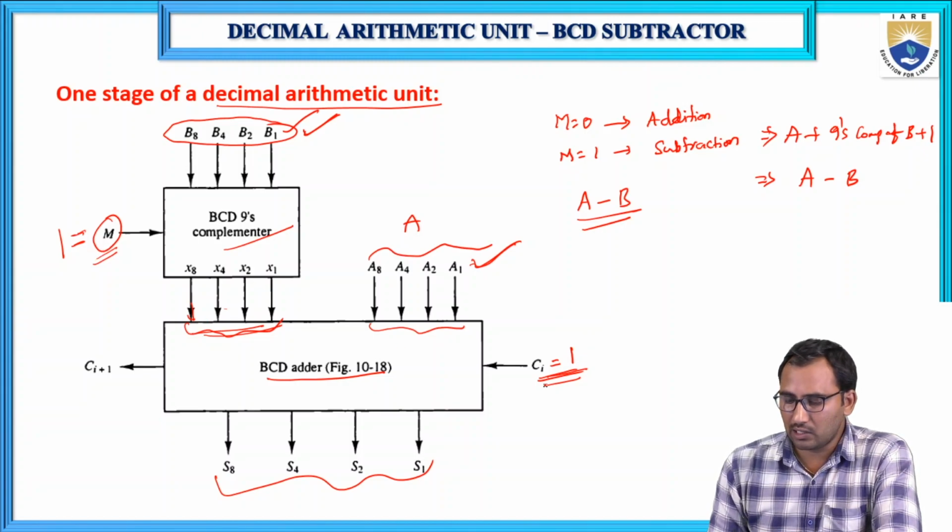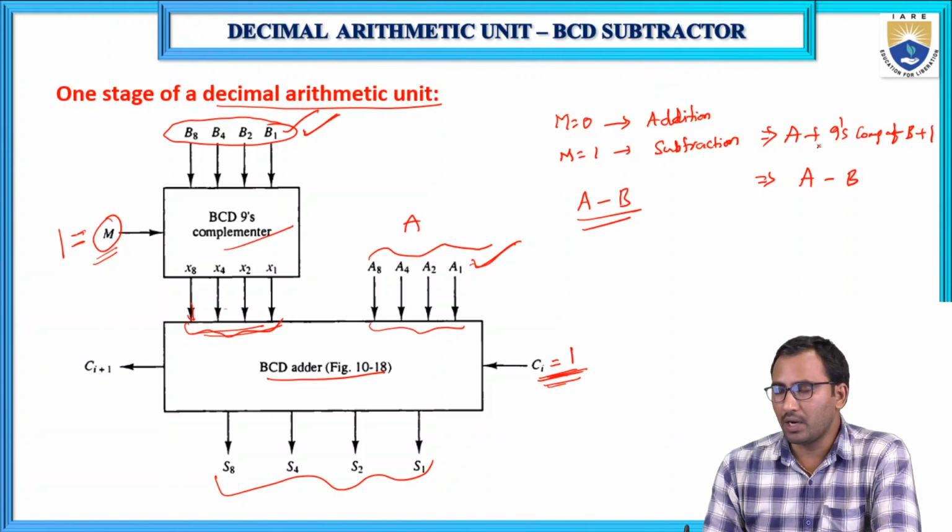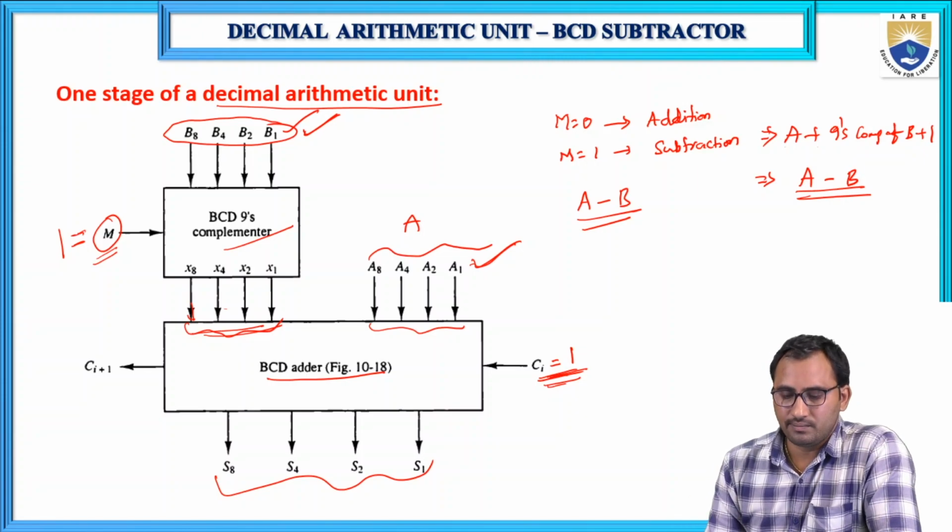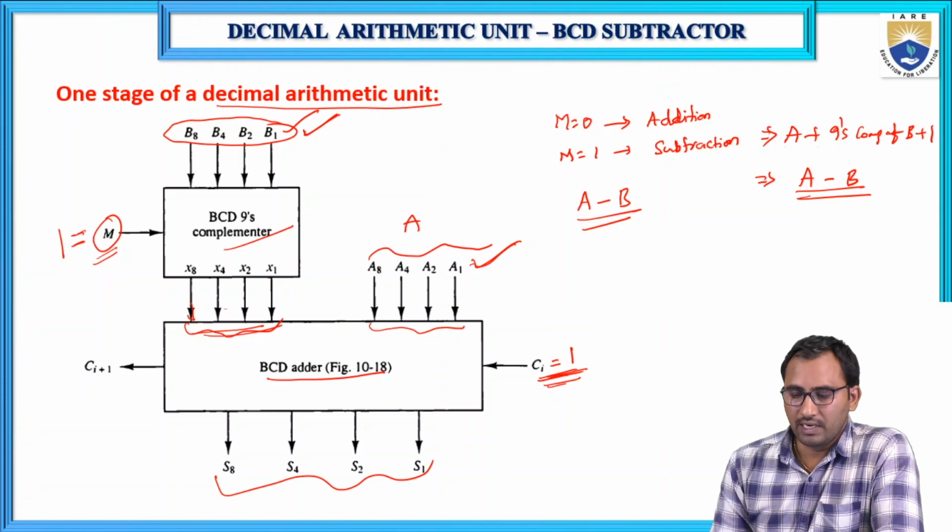That mode bit is connected to the input carry, so that it performs A plus 9's complement of B plus 1. It performs a subtraction operation, which means the contents of B are subtracted from A. In this way we can perform BCD addition and subtraction.